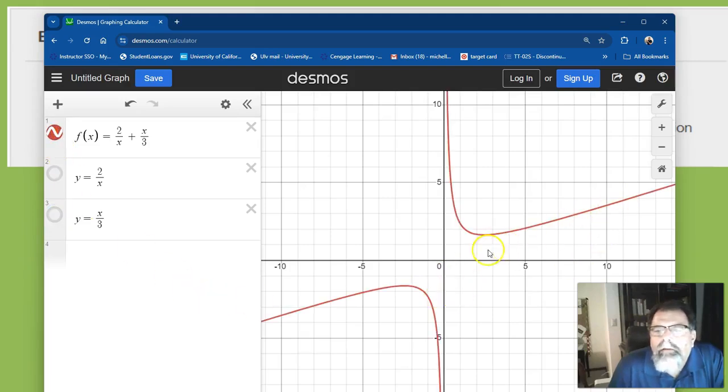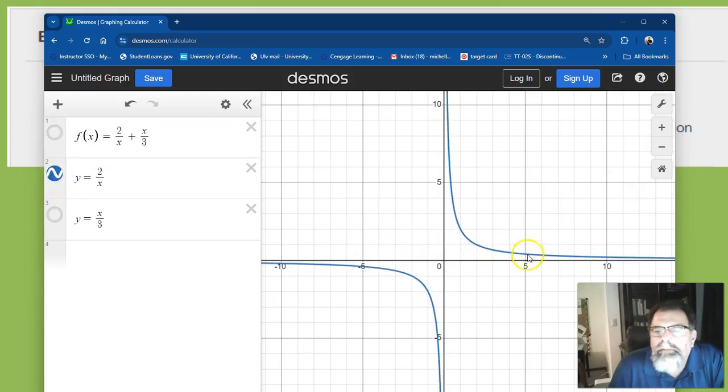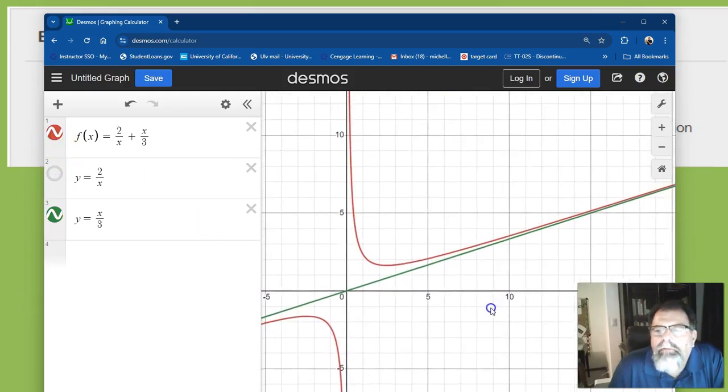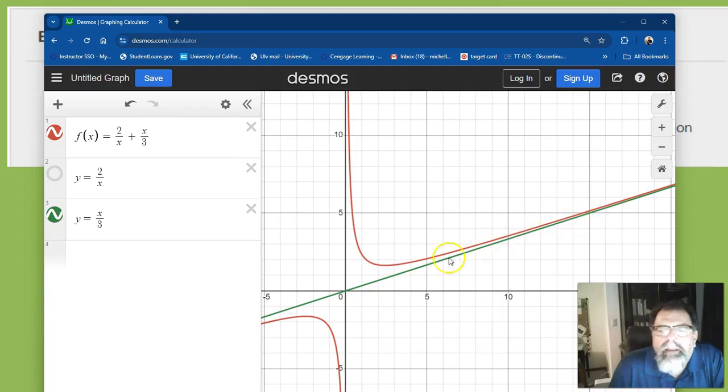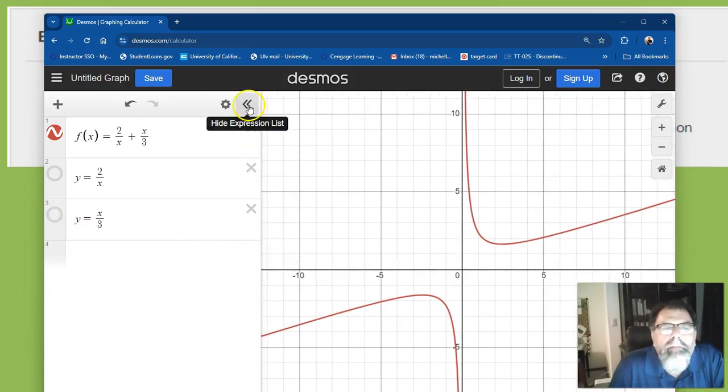And notice we have an asymptote, this is going to 0. But then the line, if we take this y value and add it to something almost 0, it's going to be really close to the green line. So let me get rid of the blue for a minute. So you can see how it's approaching that green line. So we have what we call a slant asymptote because of that. Anyway, don't worry about that too much right now. We'll learn a little bit about that later.